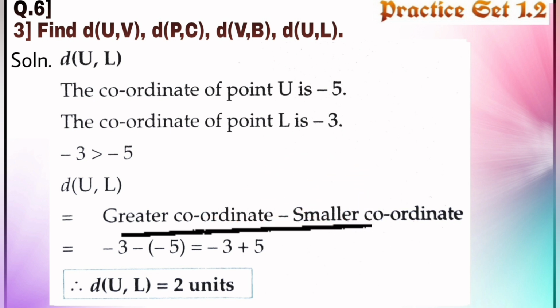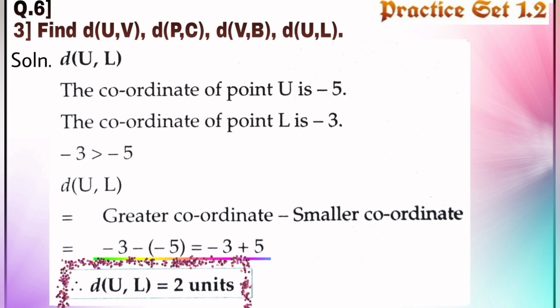So we will substitute it: -3 minus -5. Minus will be plus, so -3 plus 5. Then minus plus is again minus, so we subtract 5 minus 3 and we get 2 with the sign of the greater number. Therefore, the distance between point U and point L is 2 units.